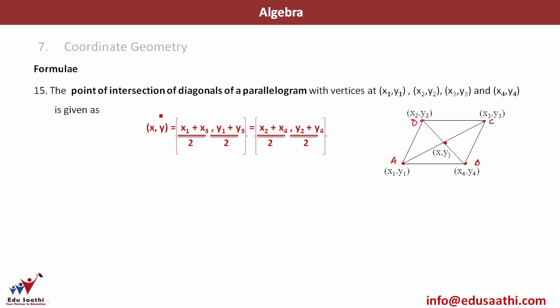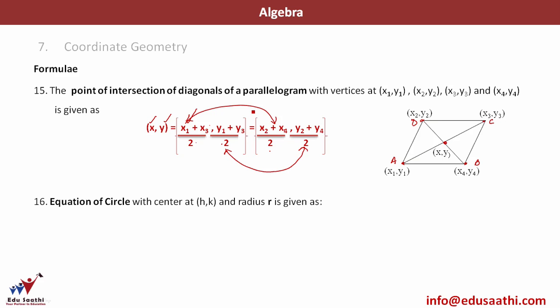So x and y can be found out by (x1 plus x3) by 2, midpoint, or (x2 plus x4) by 2. So this thing will be the same. Similarly, for the y coordinate, I can either refer to (y1 plus y3) by 2 or (y2 plus y4) by 2.